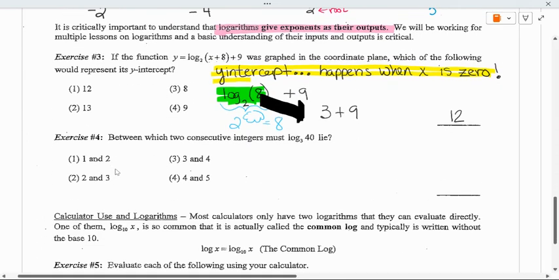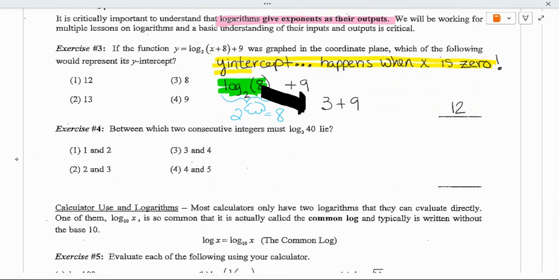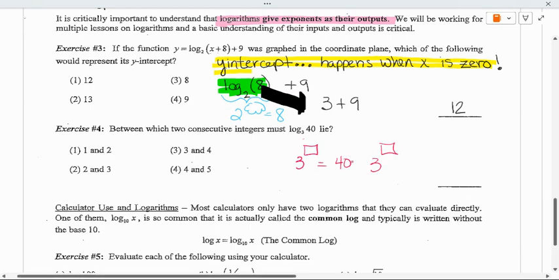Here's another question that always stumps you guys, and I don't know why. Between what two consecutive integers must log base 3 of 40 lie? So 3 to what power? 3 to what power, and then the number 40, right?